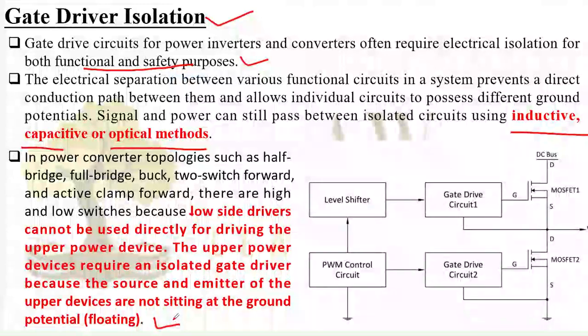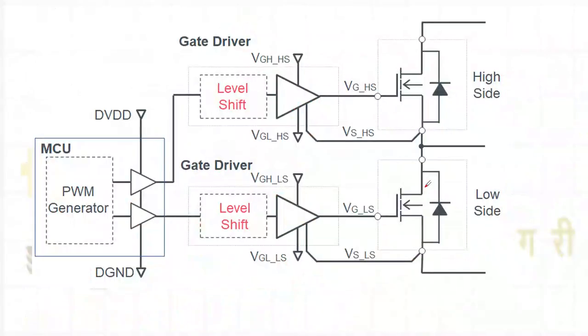And if there is floating, we need some isolation, because we cannot directly give my signal to the gate of the device. If we do, maybe some hazard may happen, and my switch may get damaged. So this thing should not happen. That is why isolation is very important. This is from the safety point of view. Okay, so the control PWM block is there, then a level shifter, and then we are providing the gate driver IC. Okay, now I will show you in the next figure.